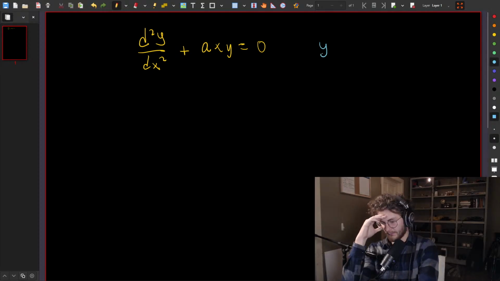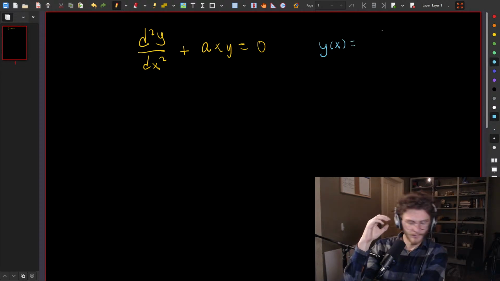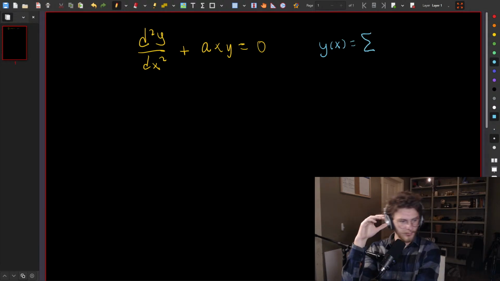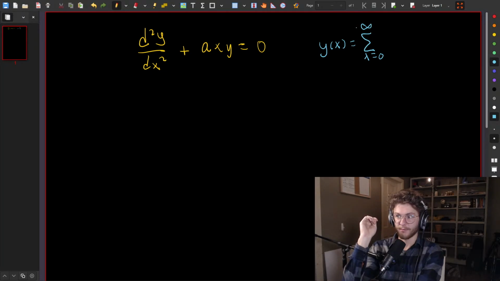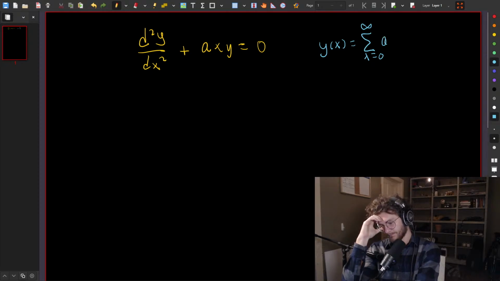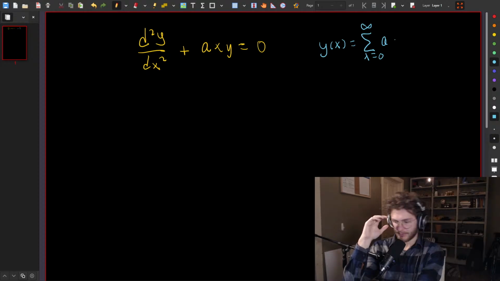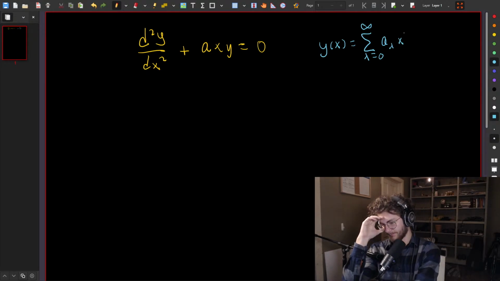y of x equals the sum from lambda equals 0. Why are you using lambda as the index? That's really weird. Which is a sub lambda x to the k plus lambda.